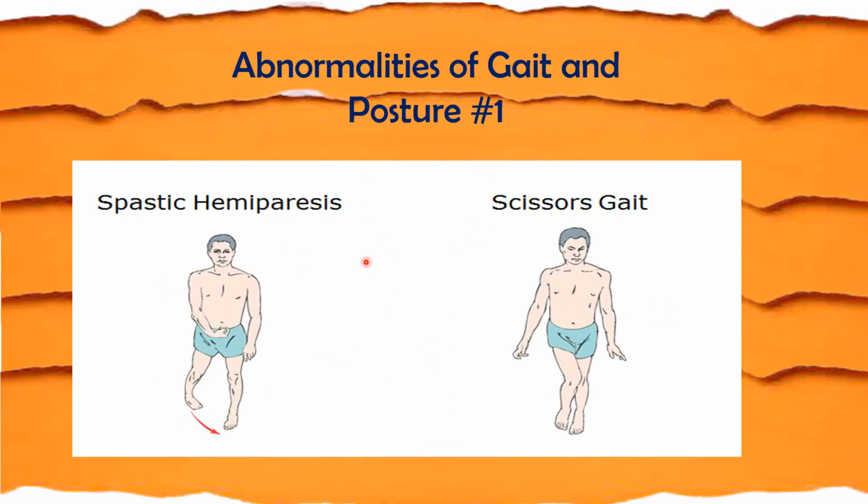So now let's proceed to the abnormalities of the gait and posture. We have spastic hemiparesis, usually seen in corticospinal tract lesions in those who have stroke, causing poor control of flexor muscles during the swing phase. The affected arm is flexed, immobile, and held close to the side, with the elbow, wrist, and interphalangeal joints flexed.